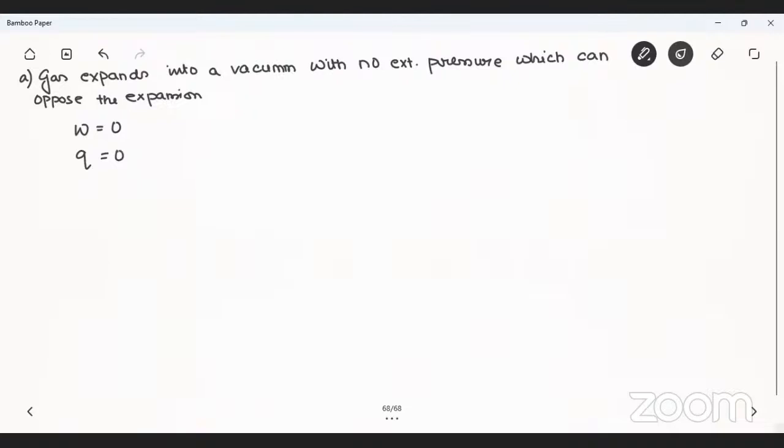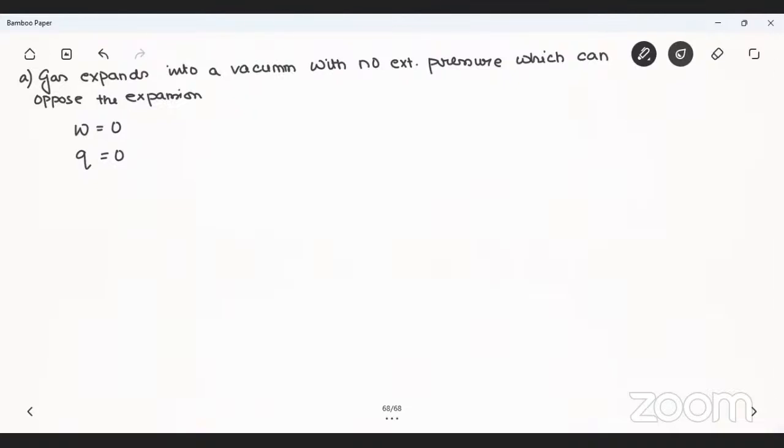Remember. So, work done becomes 0. Is this part clear to everyone? Yes or no? How is the work done 0? This is the definition, and thus in P external times V2 minus V1, that P external becomes 0, so work done becomes 0. Now you can tell me, ma'am, why is Q equal to 0?